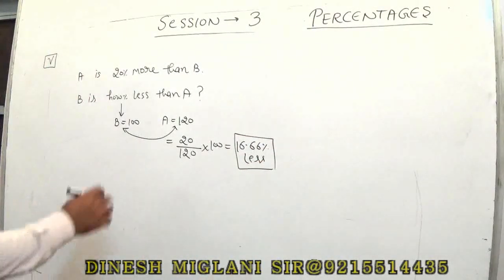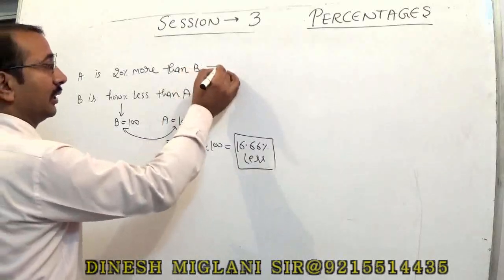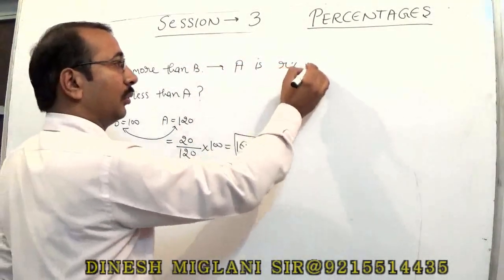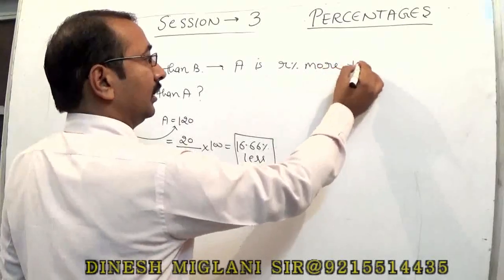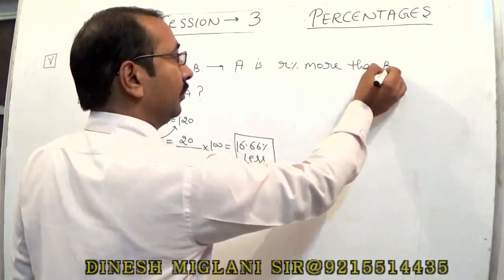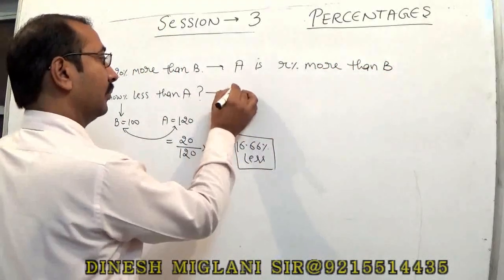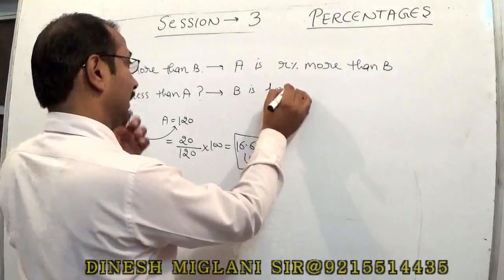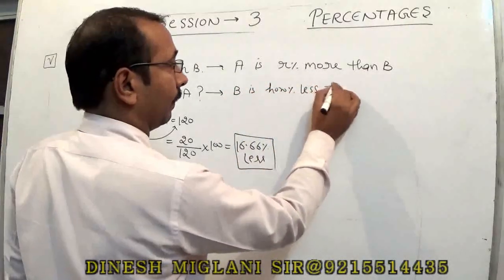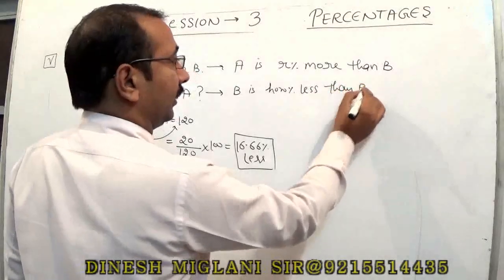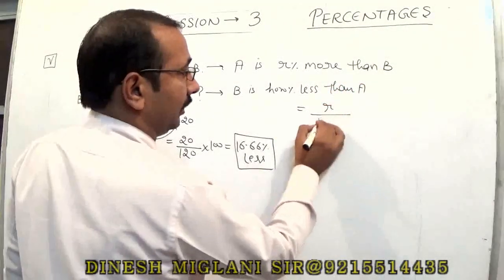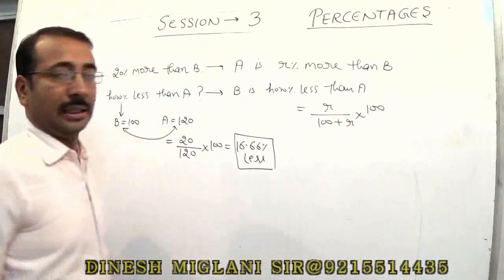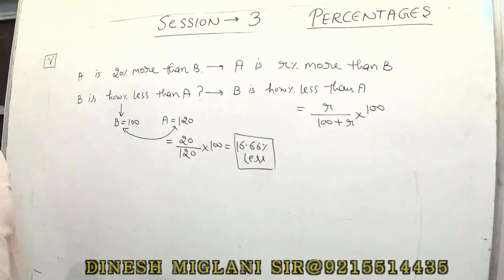Or we have a standard formula. If in any question it is given that A is R percent more than B, and we have to answer B is how much percentage less than A, we can directly answer it: R divided by 100 plus R into 100.